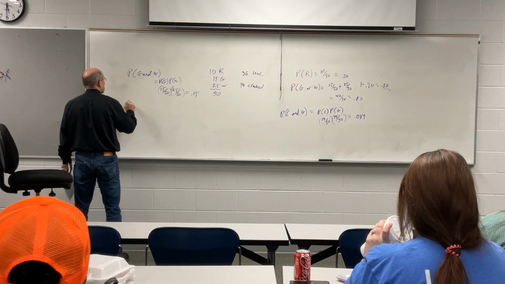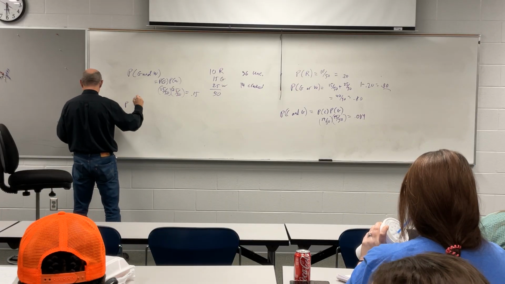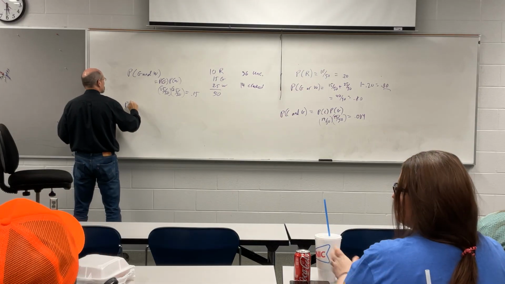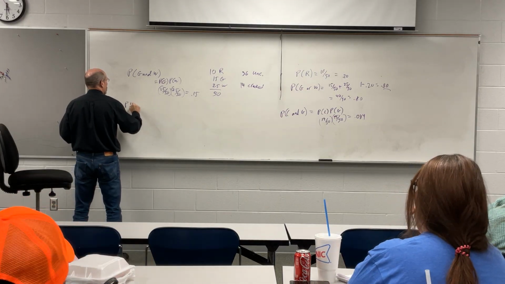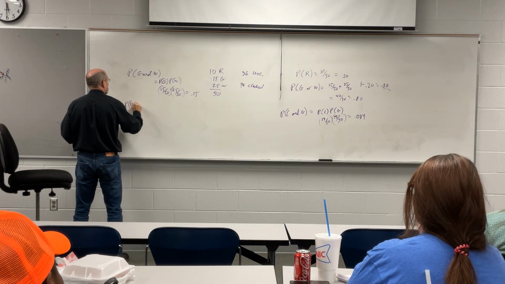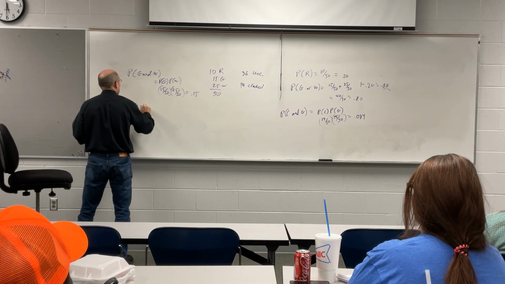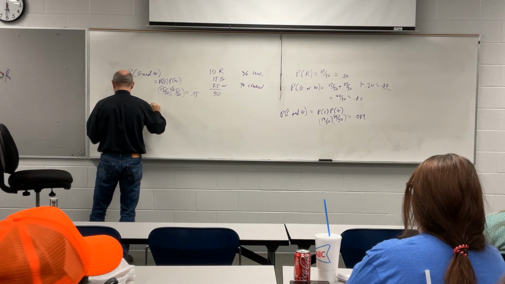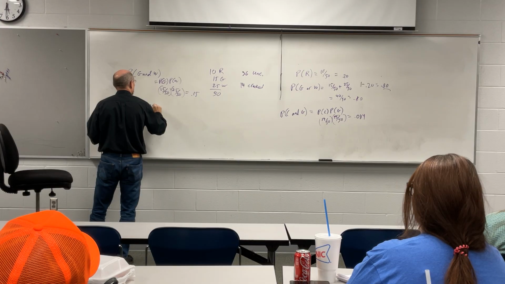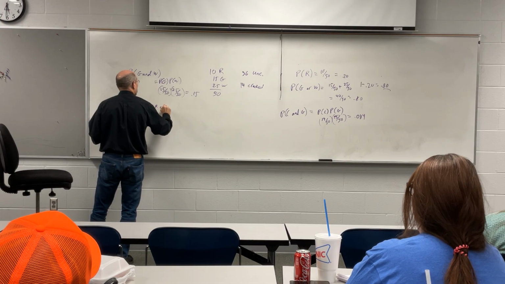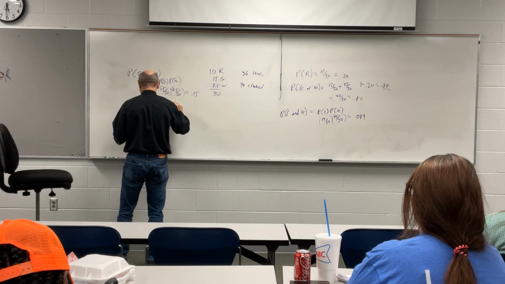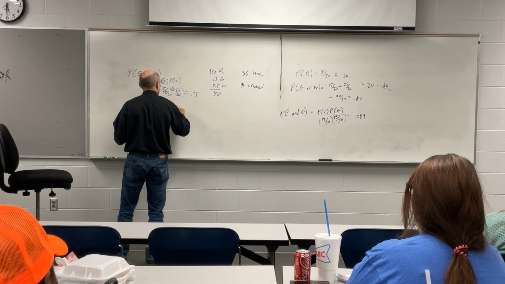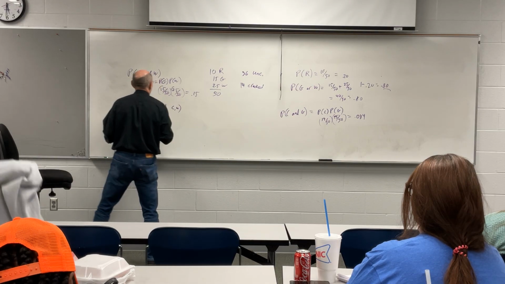So you have the probability of, on the first draw, uncracked and green, and on the second draw, uncracked and red, and on the third draw, cracked and white. There was a lot going on.